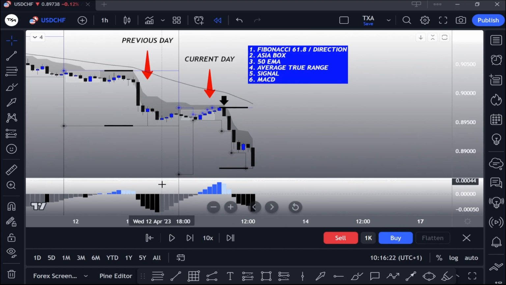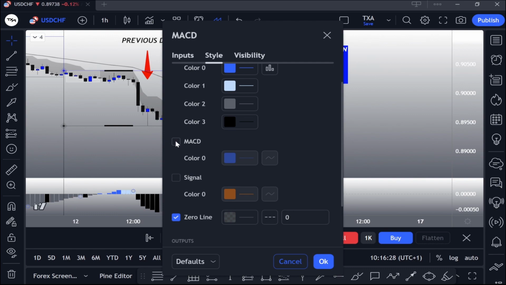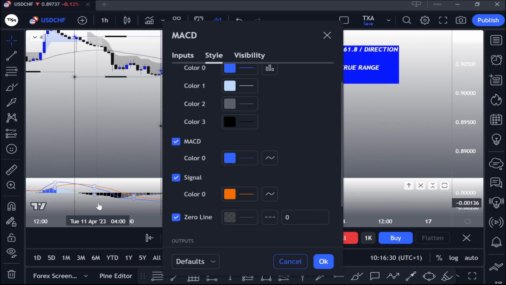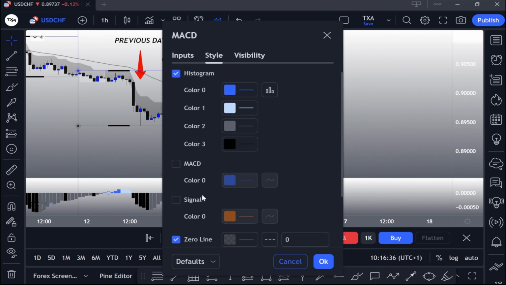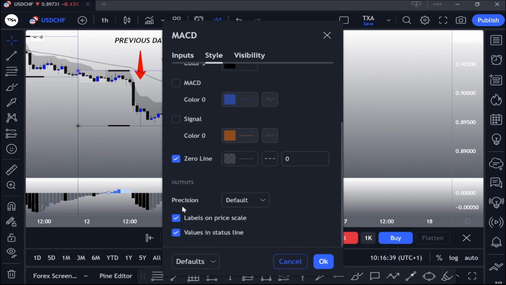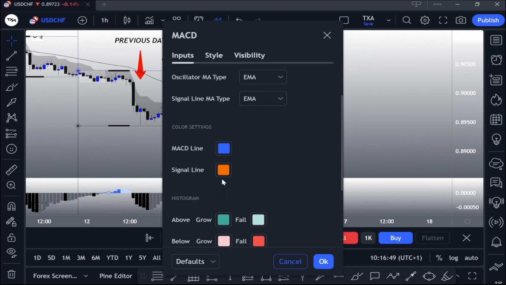So with the MACD, what are our settings? Double click on that. These two lines are in there by default, and I removed them. The inputs are going to be 12 and 26, close, 9.